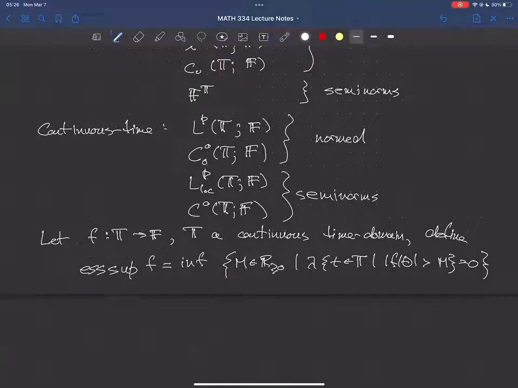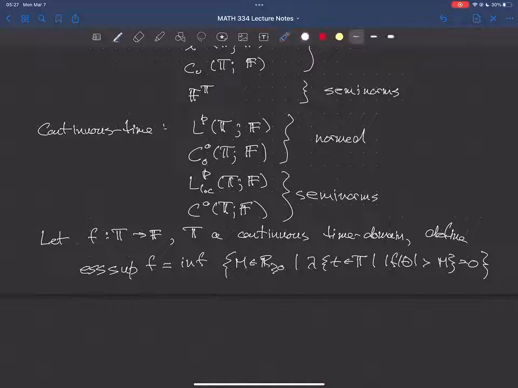So the essential supremum is the smallest number m for which the set of points where f of t exceeds m has 0 measure.